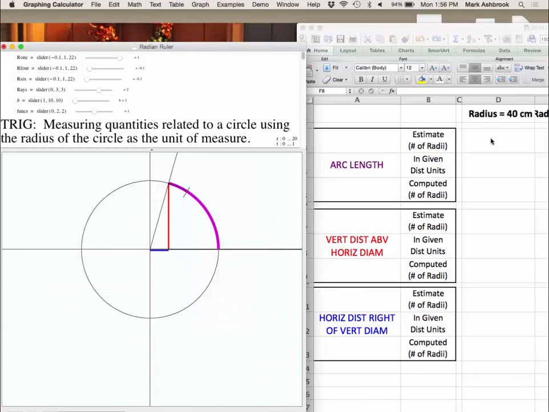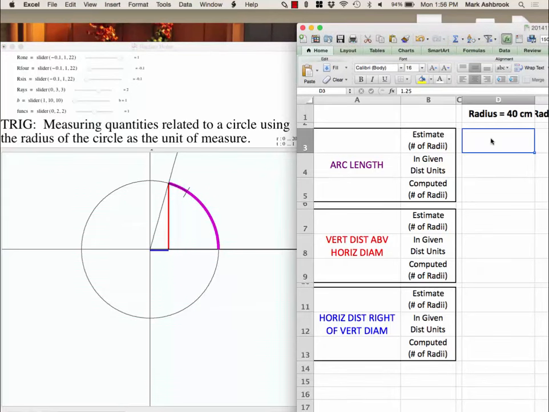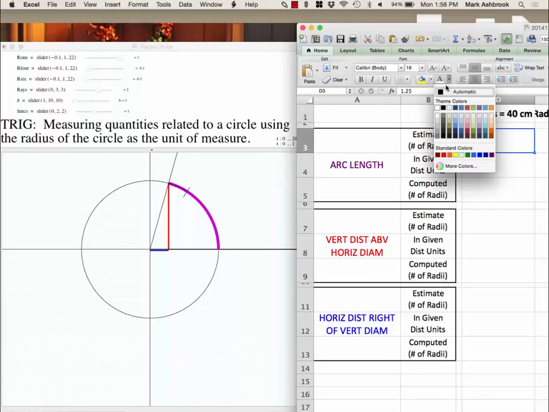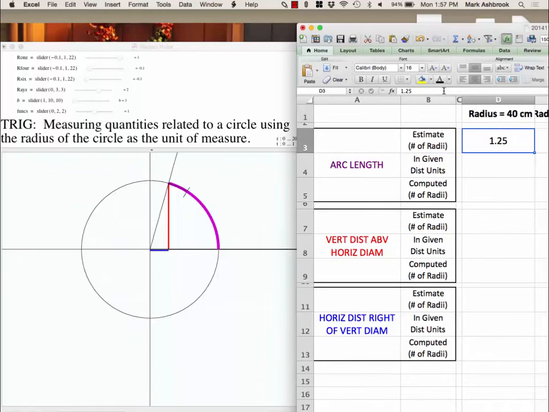Okay, so I heard some people say 1 1/4. You should be thinking like 1 1/4, 1.25. Is that what you were thinking? Yes, that's a good estimate. It's like 1 and like 1/4 more. So if I'm measuring that arc length in terms of the radius, it'd be like 1.25.